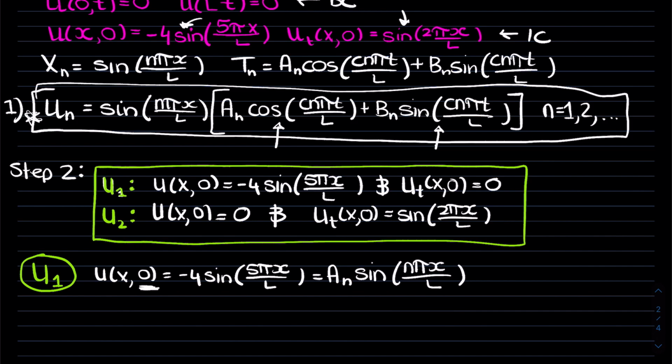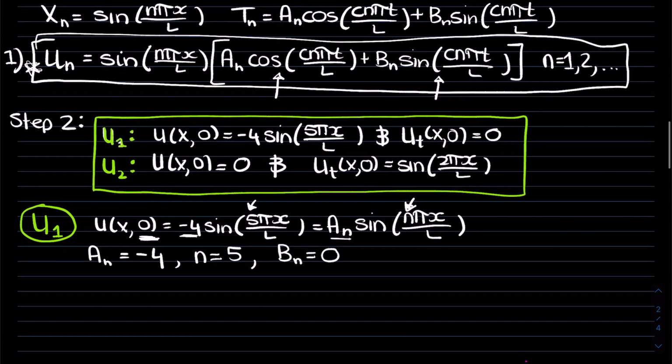So essentially all we need to do now is equate terms, so match the left-hand side with the right-hand side. So you'll see here that we need to find a of n, b of n, and n. So a of n here should equal minus 4, because we're matching this with this, and n should equal 5, because that here needs to match this here. So n will equal 5, and our b of n will just equal 0, because that's not even in here.